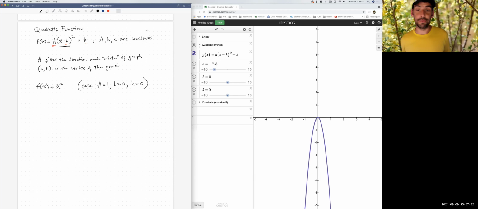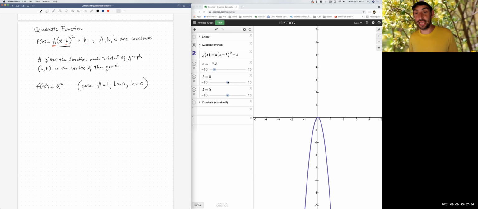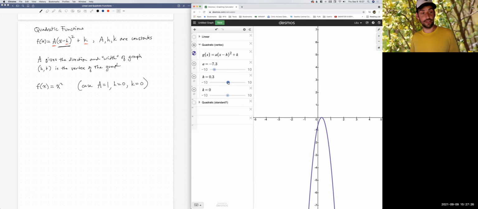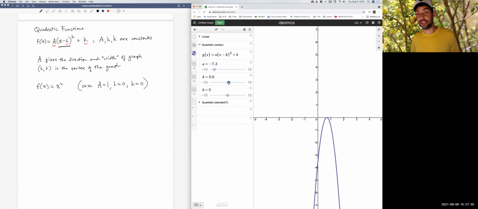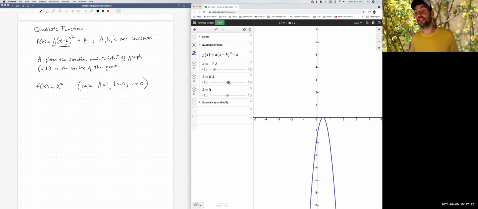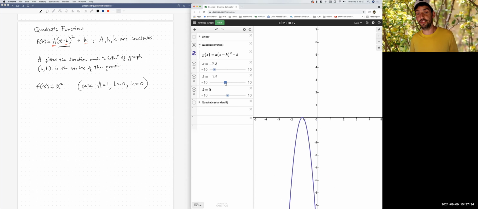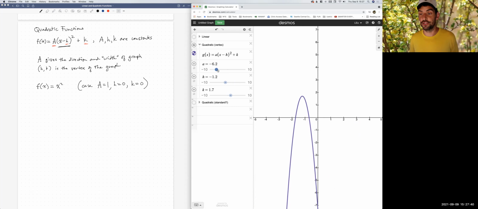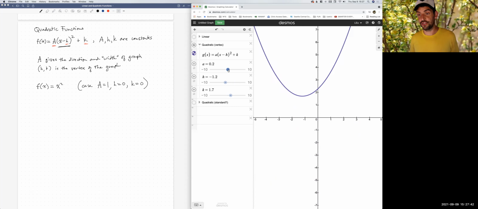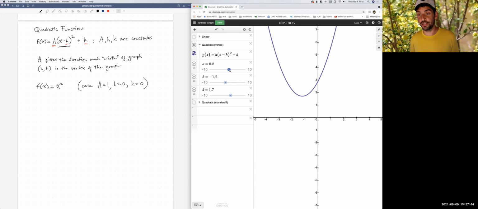So now let's see what happens when we change h and k. So I said that the center, the vertex, is at the point (h, k). So as I change h, I'm changing the x coordinate of the vertex. And if I change k, I'm changing the y coordinate of that vertex. So now I have a different family of functions, like with the linear functions.